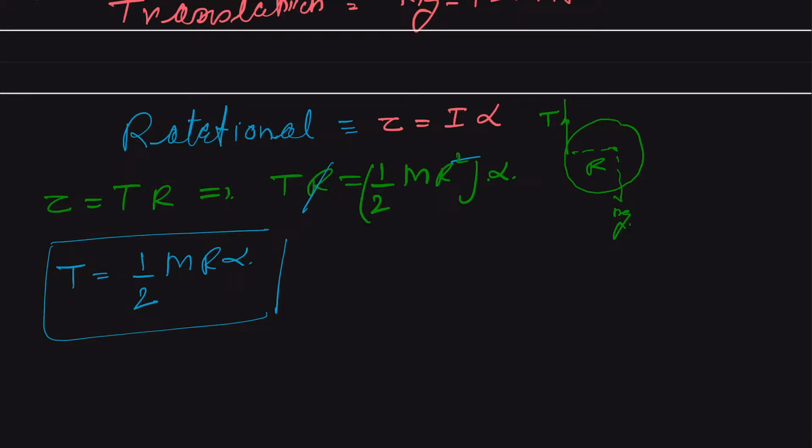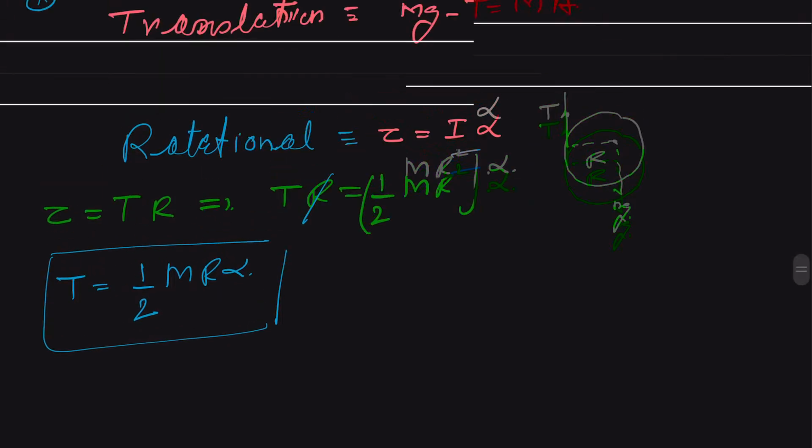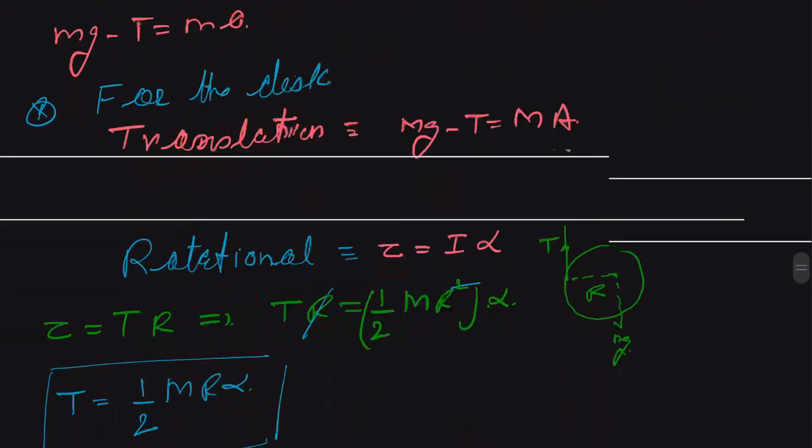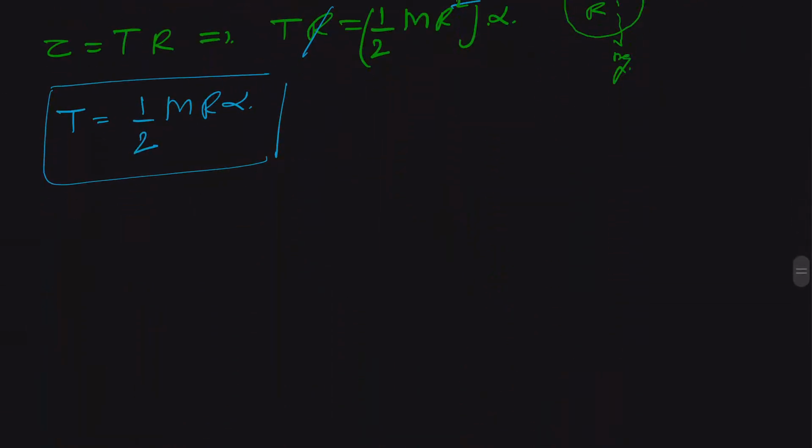And in part A, we already calculated the constraint relationship, that is small a is equal to capital A plus r times alpha. So from here we can say alpha is equal to a minus capital A divided by r.